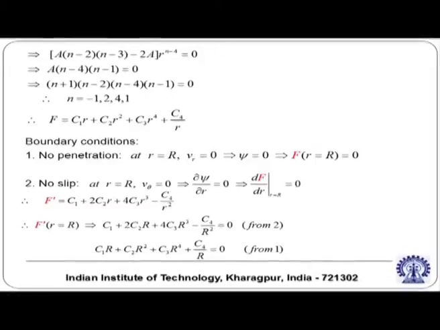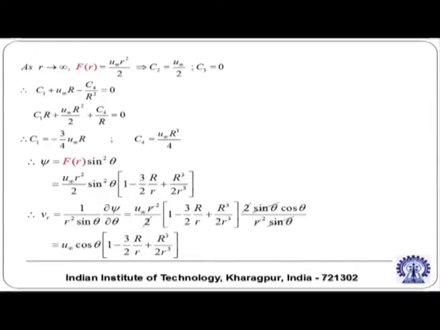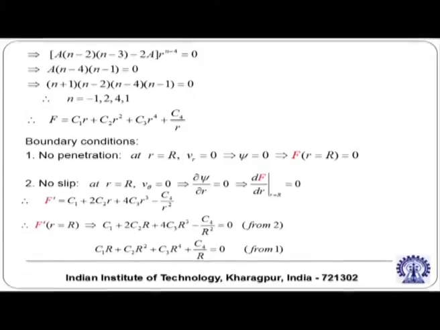So, if you look into this slide, no penetration, no slip will give 2 conditions, then at r tends to infinity, the problem is that possibly different notations are used for C1, C2, C3, C4.